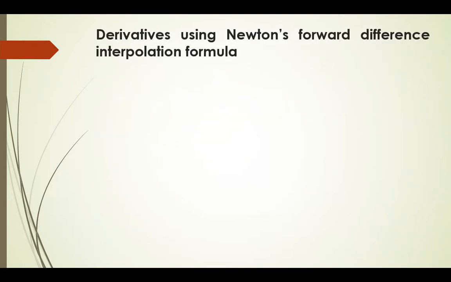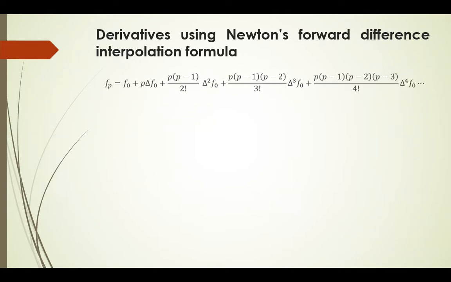The first one is derivatives by the use of Newton's forward difference interpolation formula. This is what we called Newton's forward difference interpolation formula, already been studied in the previous chapter.